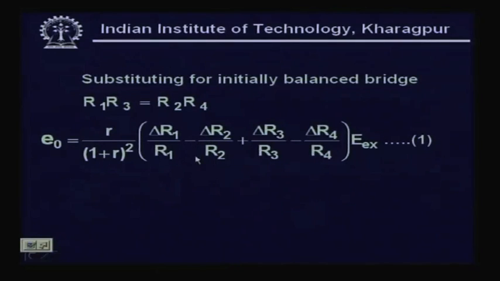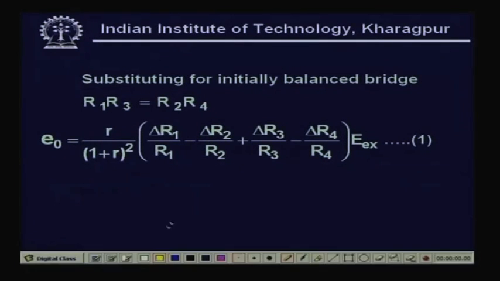This equation is very important, because by looking at the negative terms, we can tell where to place the strain gauges, R2 and R4, because that will make our bridge output much higher, because in any instrumentation system we always want the output to be higher and higher, so that our sensitivity will be high.